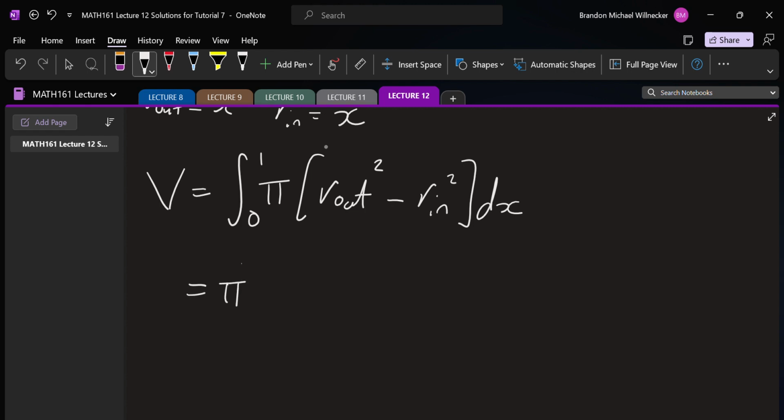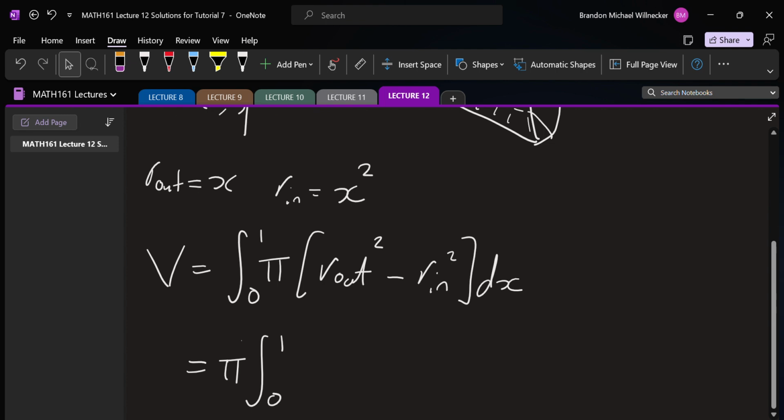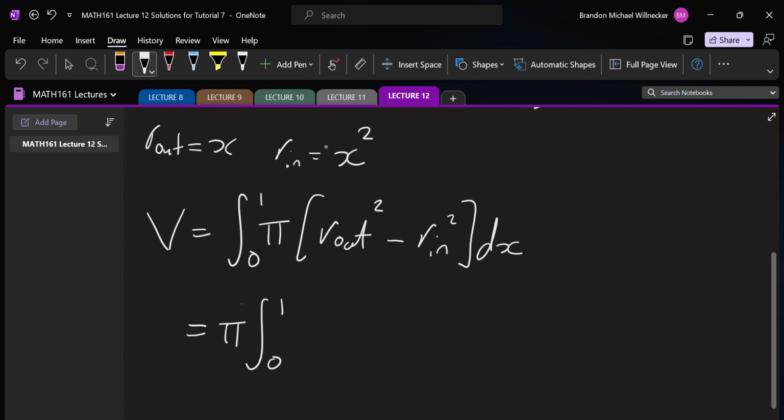So that's pi times the integral from 0 to 1. R out was just x, so it's going to be x squared. R in was x squared, so that's going to be x to the 4. Please don't forget to square them. It's R out squared, R in squared.